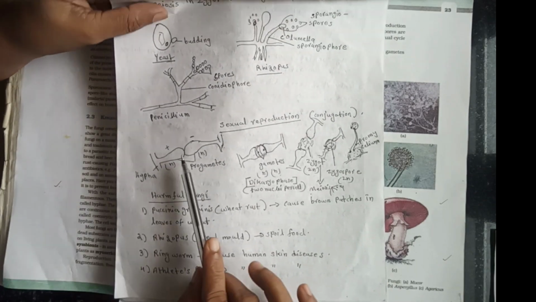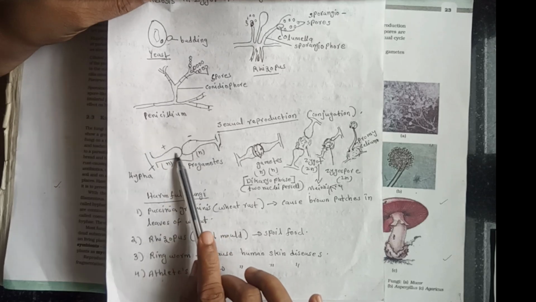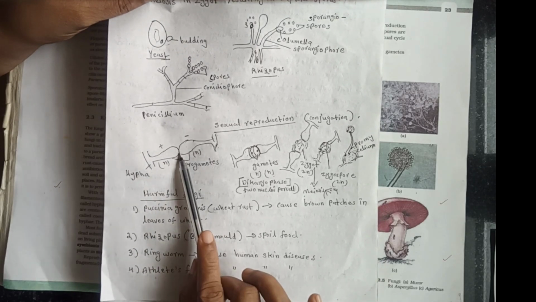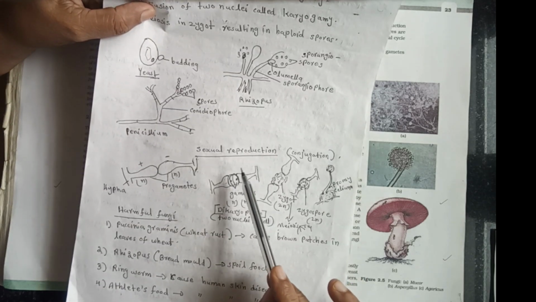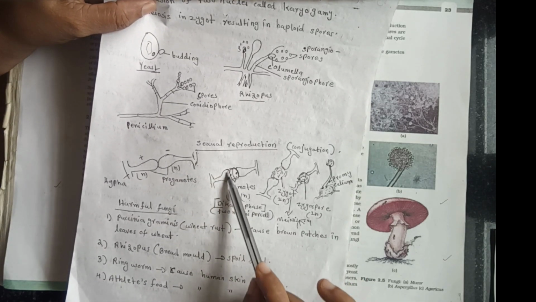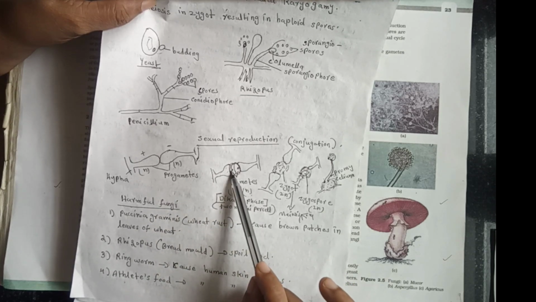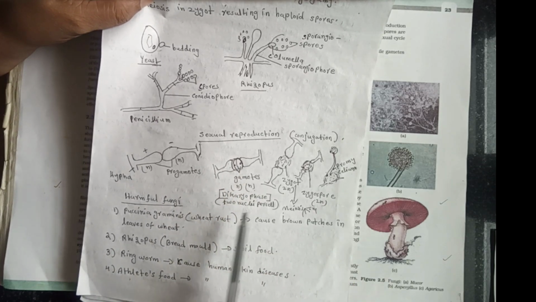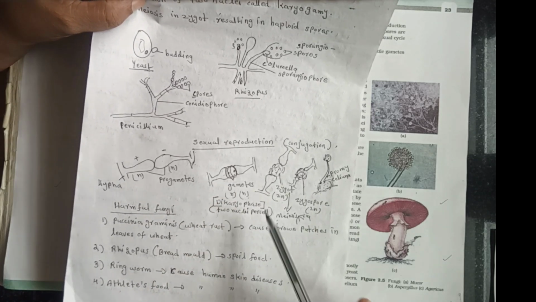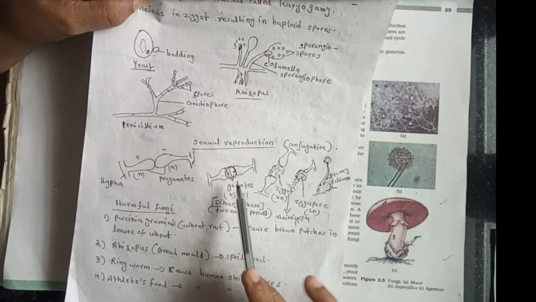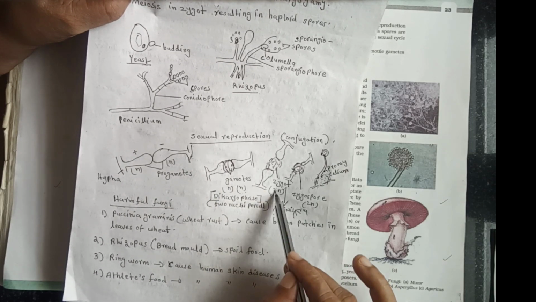Once again, two physiologically different hyphal parts come close together. That is known as progametes. Then plasmogamy occurs. Here the protoplasm of these progametes fuses, but the nuclei are independent. Such a case is known as dikaryophase, a cell with two nuclei. Then in the next stage, karyogamy, fusion of two haploid nuclei takes place and forms a diploid zygote.